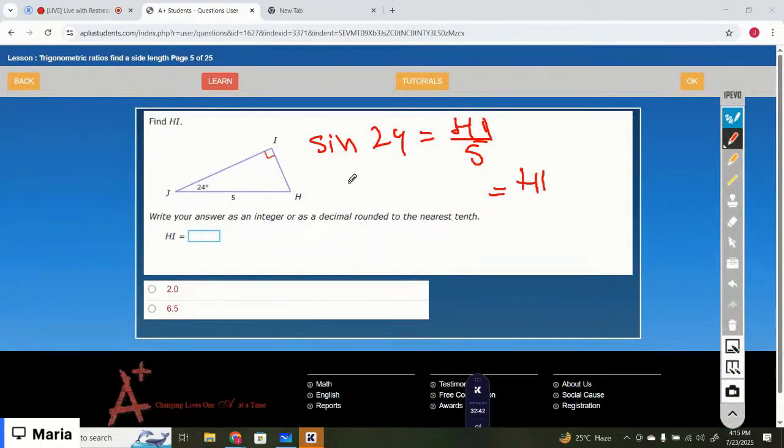HI equals 5 times sine 24. Sine 24 equals 0.406. 0.406 times 5 equals 2.0.